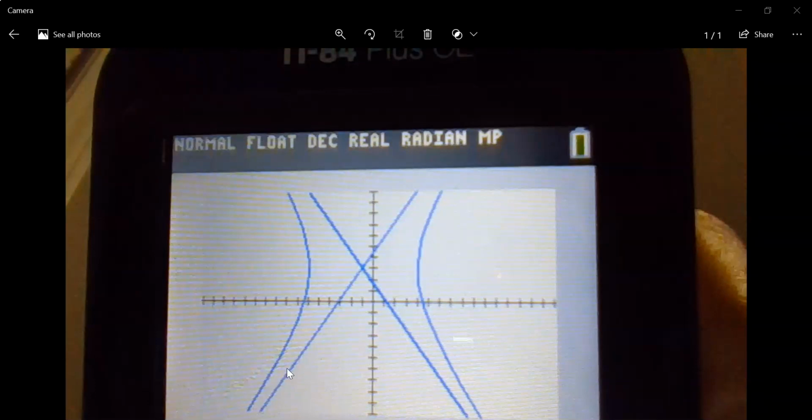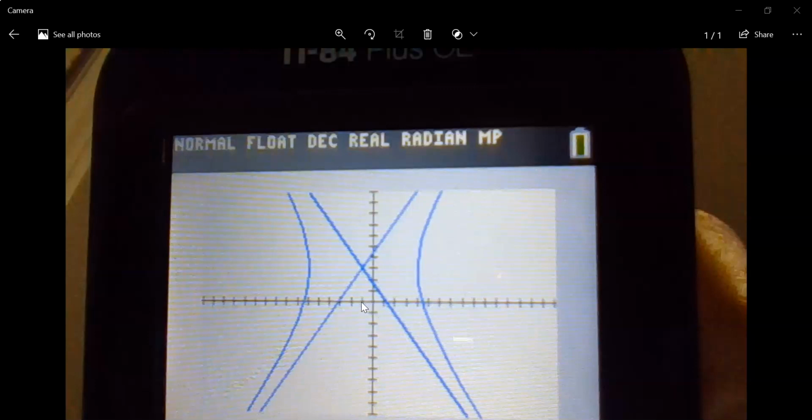Now my calculator brings up some weird shapes that look like this. It's kind of difficult to see what's going on, but this is actually a hyperbola. This hyperbola over here is pointed towards the left. This hyperbola over here is pointed towards the right. And what they've done is they've included these asymptotes. My calculator does that. Some calculators include the asymptotes, others do not, but this is a hyperbola.